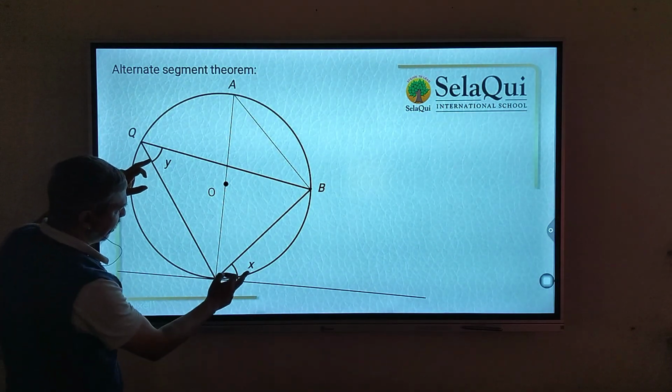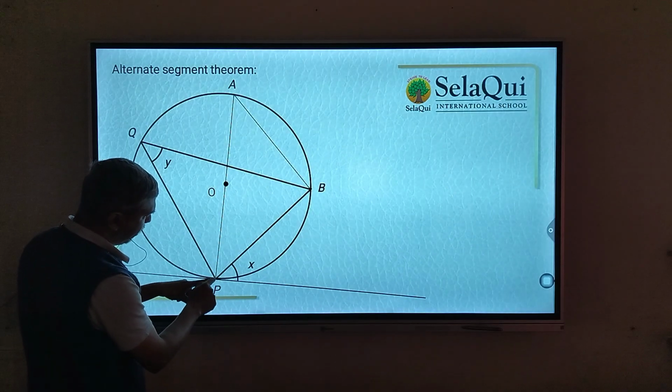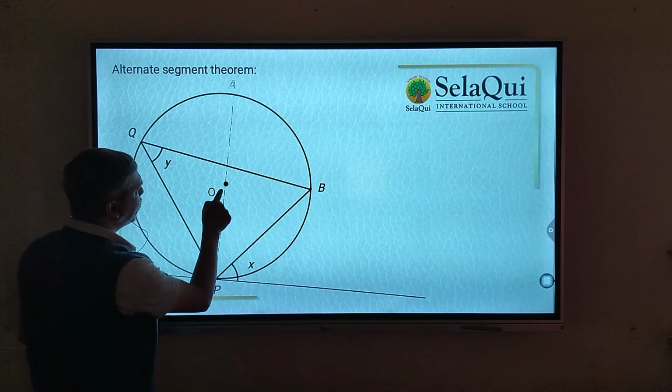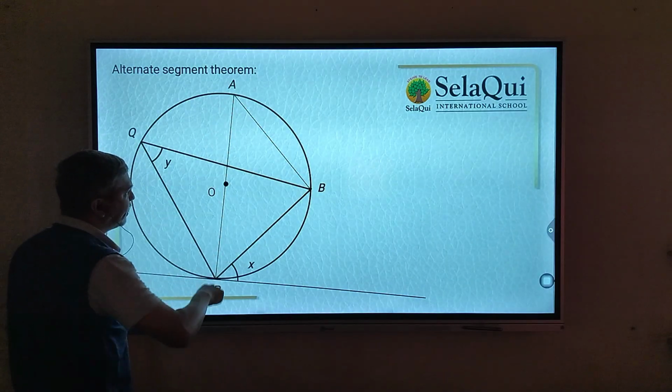To prove these two angles are equal, from point P I have drawn a line which is passing through the center. So this is the diameter. AP is diameter.